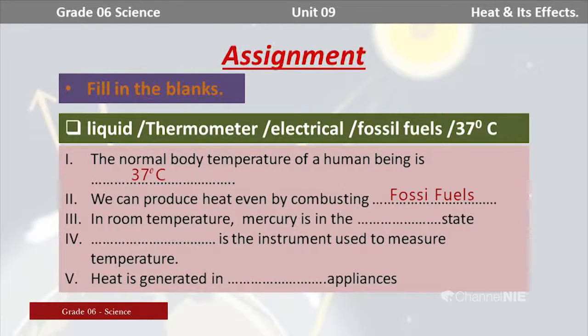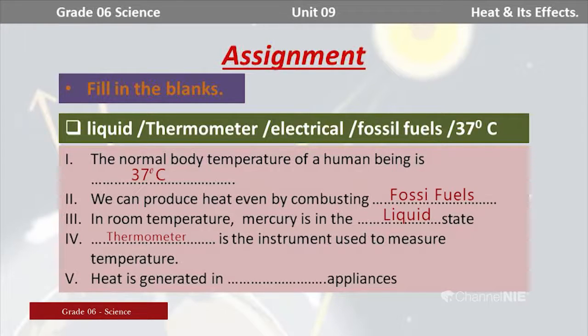We know that mercury is the only liquid metal in the world. Have a look at the fourth one. Is the instrument used to measure the temperature? You all know the answer. An easy question. What is the answer? Thermometer. Thermometer is the instrument used to measure the temperature.